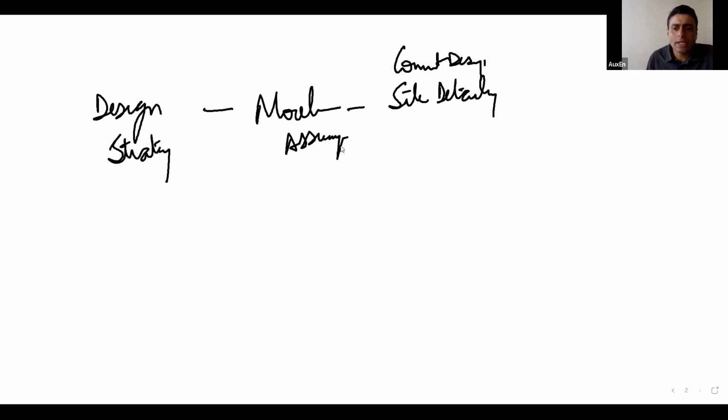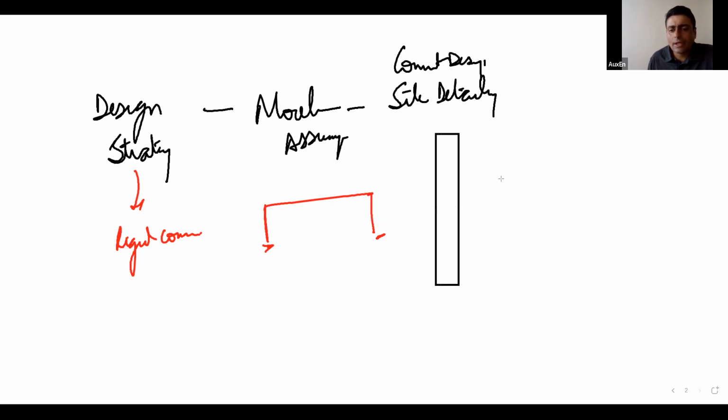Let's say you decided that you have to have rigid connections. You even made your model in such a way that there were no releases. But while designing the connection and while providing it on site, you provided a connection which was not rigid enough, or it was not able to resist the end moments.